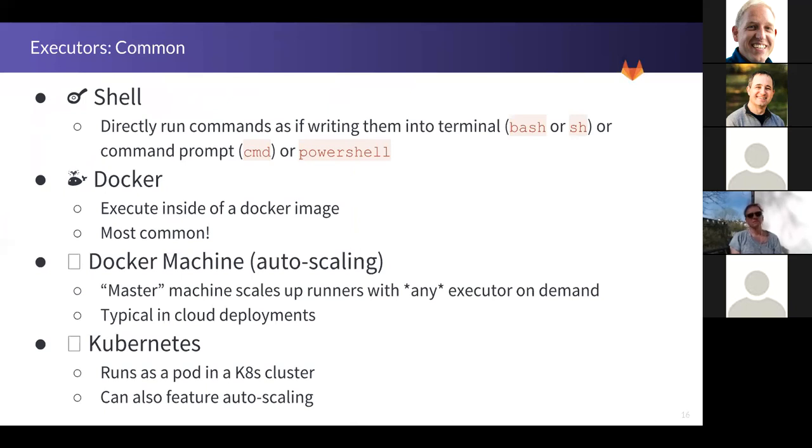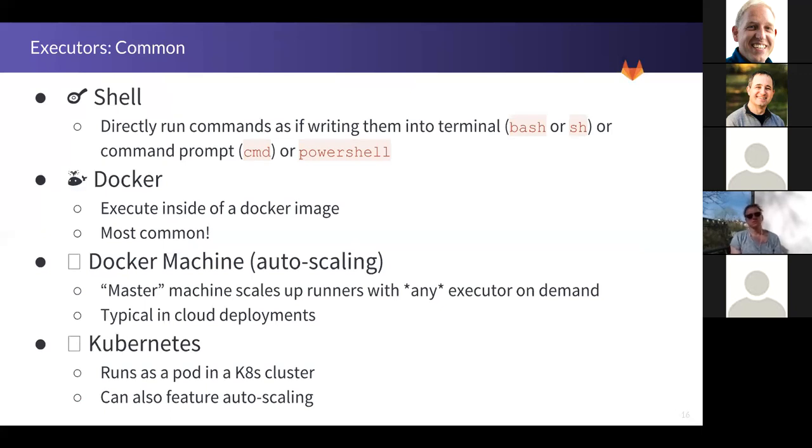The other really useful tool is Docker Machine. Docker Machine is a specific driver from Docker where there's kind of like a master machine that can then scale up runners with demand. This is very typical in cloud deployments. I think we talk about it a little bit later, but most cloud providers support this, and many on-premise private cloud tools support this as well.